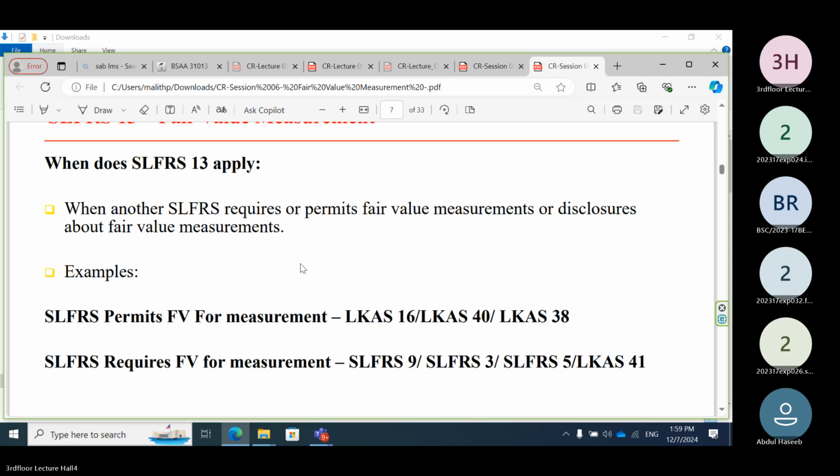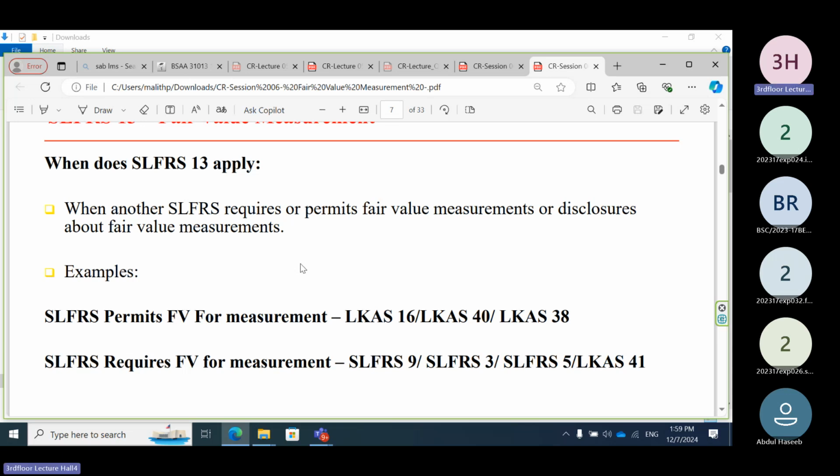SLFRS 9 is all about financial instruments.